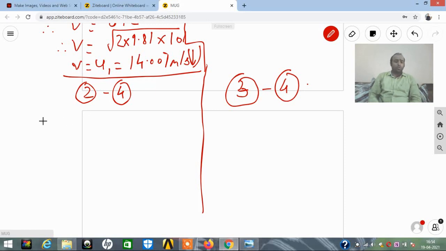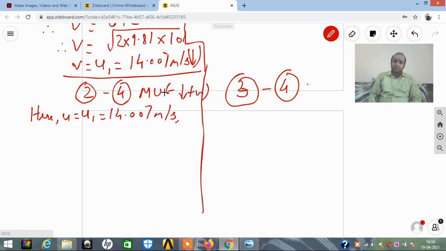So now from 2 to 4, u is equal to u1 is equal to 14.007 meter per second. Of course, I am considering motion under gravity in downward sense as positive for both. Friends, why are we considering it now? Because the time required from 2 to 4 for the first stone and the time required from 3 to 4 for the second stone is the same, which is given in the question.